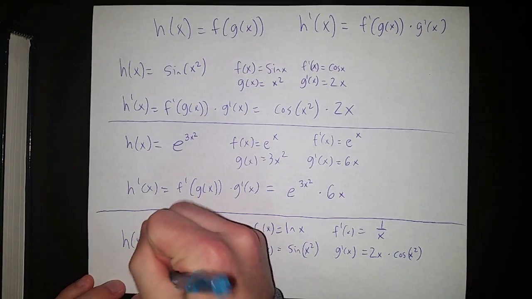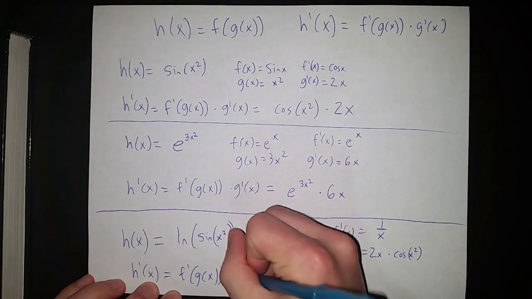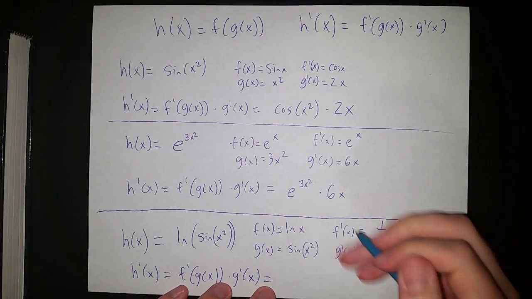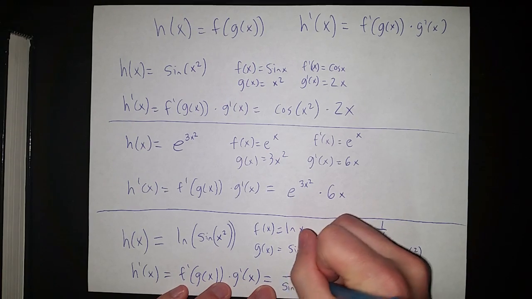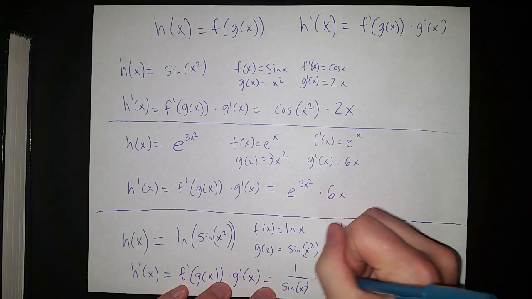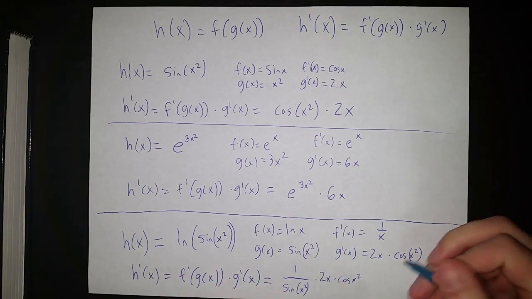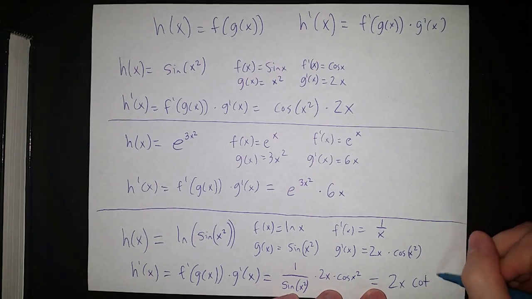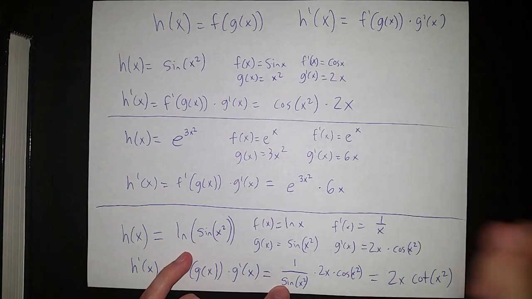So h prime of x equals f prime of g of x times g prime of x equals 1 over sine of x squared times 2x cosine of x squared equals 2x cotangent of x squared, because we have a cosine on top and a sine on the bottom.